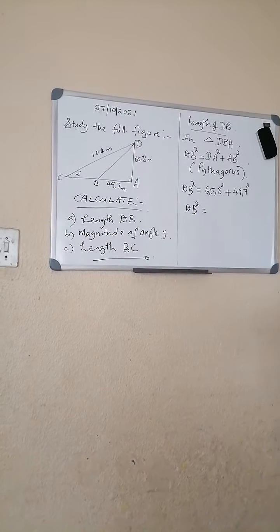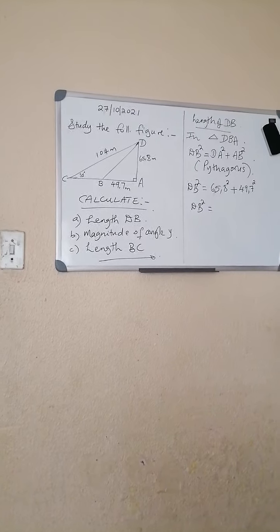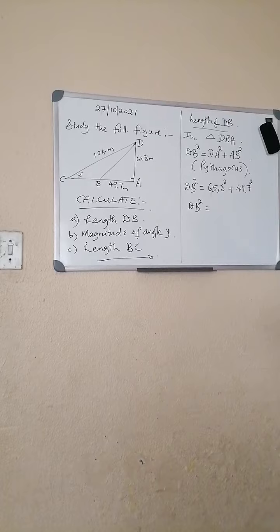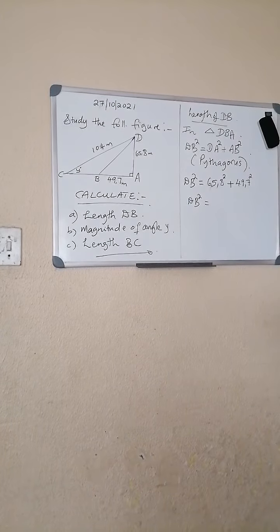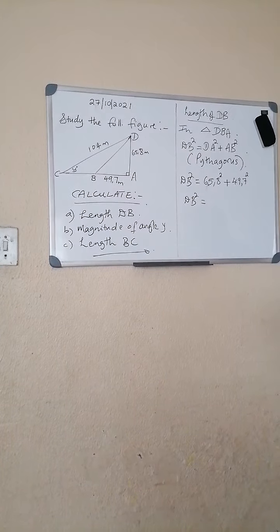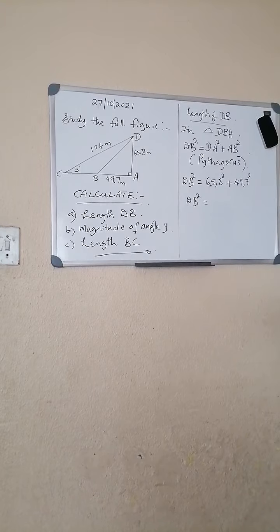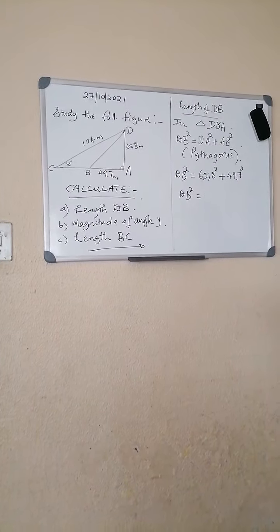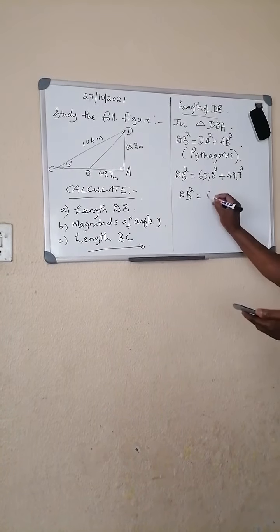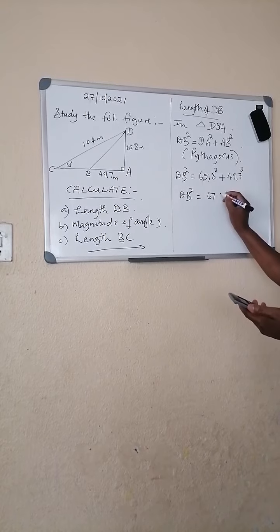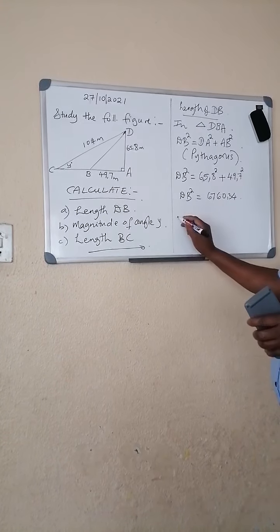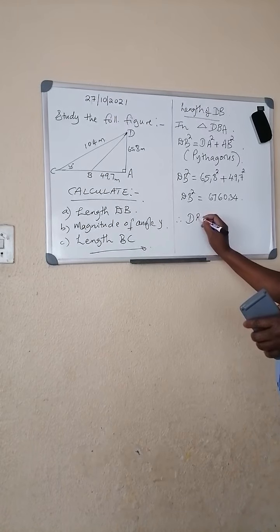The value on the right hand side is 65.8 squared plus 49.7 squared. Now this gives 6762.34.